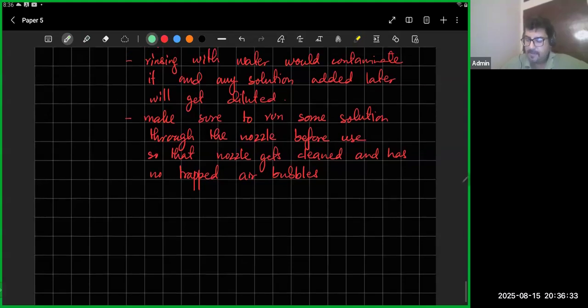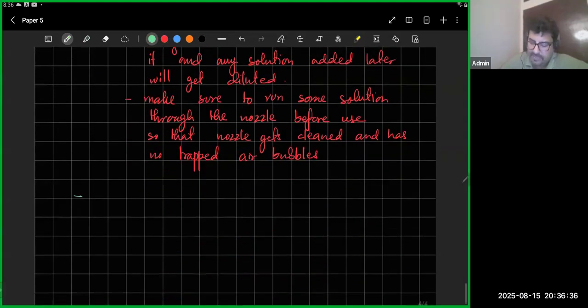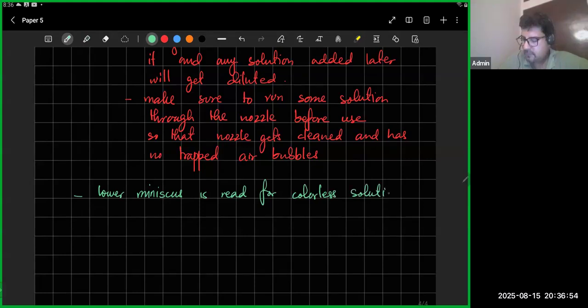One is that the lower meniscus is read for colorless solutions, and the upper meniscus is going to be used for colored solutions.